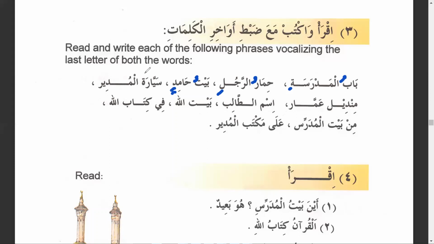Sayyaratu al-Mudiri. So what's the translation? Sayyaratu means car. Mudir means principal. The principal's car.